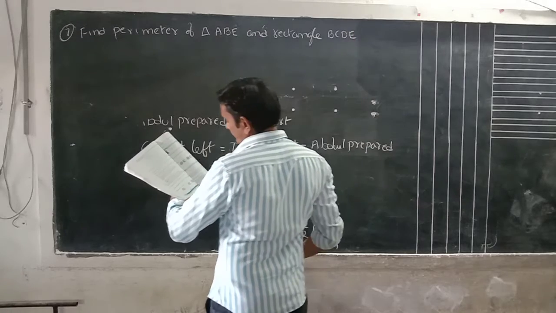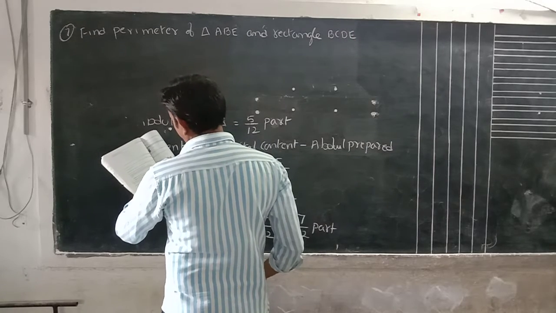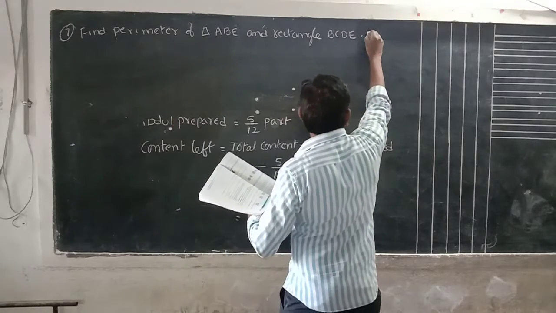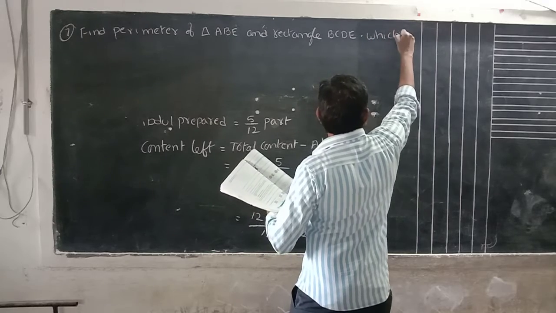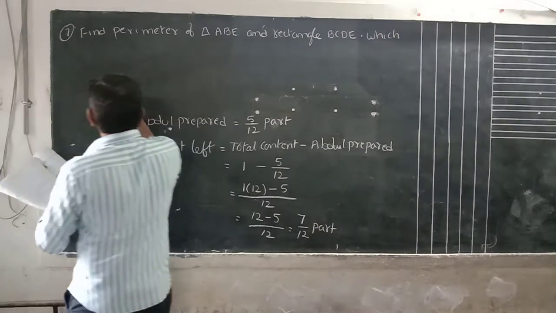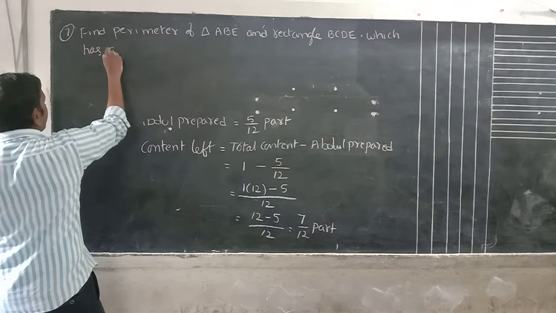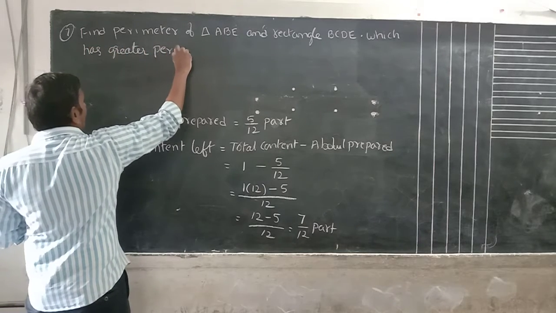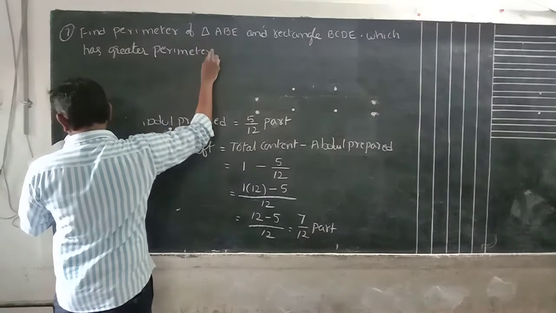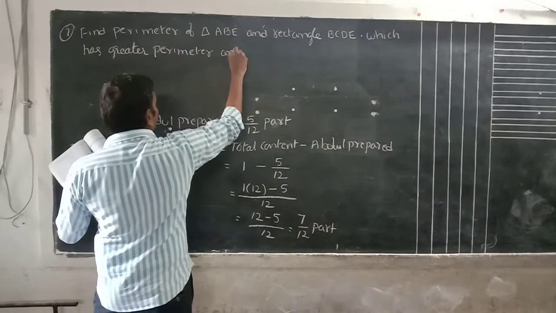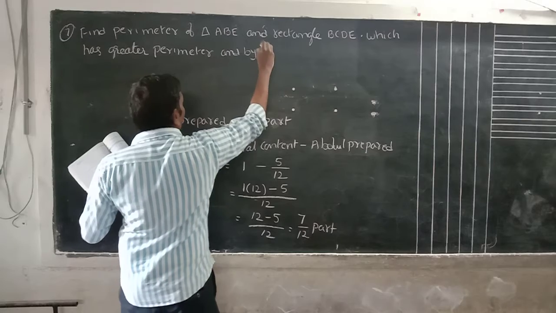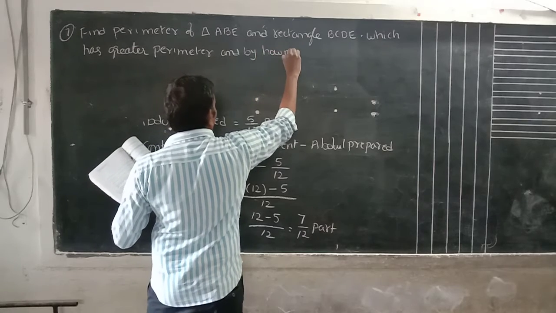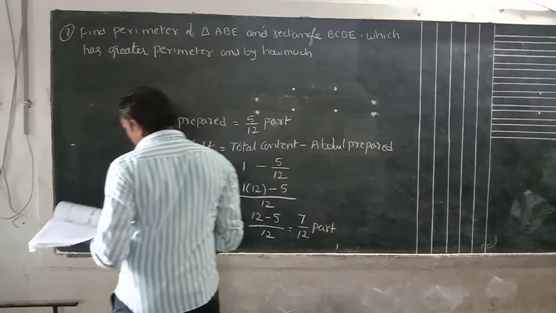Okay, team. Which have greater perimeter and by how much? Okay, this is the question.